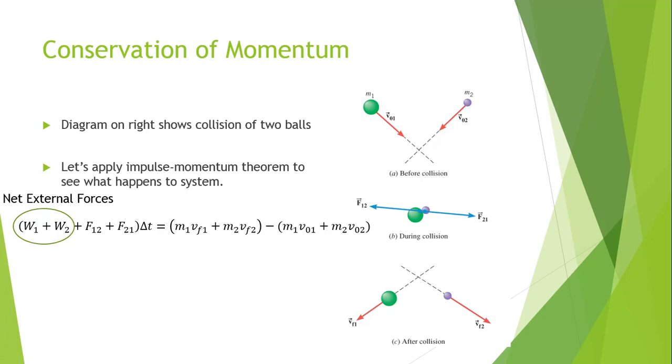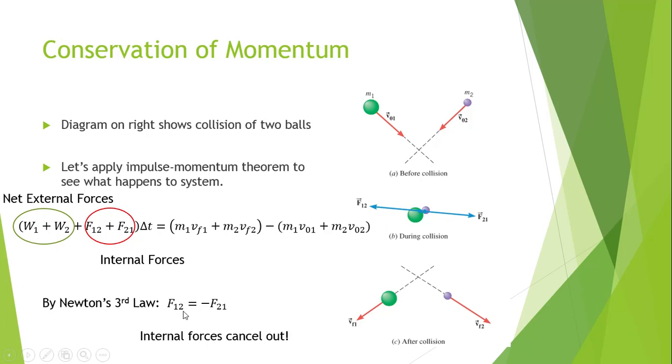Now it's worth pointing out there could be other internal forces if M1 and M2 are electrically charged. Maybe there's either a force of attraction or force of repulsion that might be another internal force here. So here are all the internal forces. In this case, the only internal force that we have are the forces of collision acting on both the objects. Now by Newton's third law, if these two masses collide with one another, these two forces have to be the same size but opposite in direction.